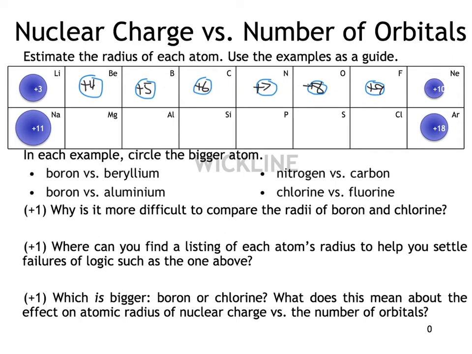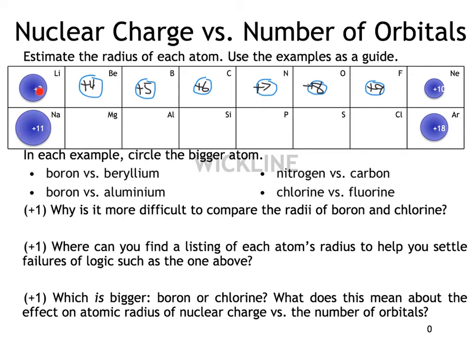But, for instance, when you go from lithium to sodium, look how much sodium's nuclear charge is. It has plus 11, whereas lithium only has +3. So this one has a ton more protons, but instead of the atom being smaller with sodium, the atom is larger. And the reason it's larger is primarily because it has more orbitals.